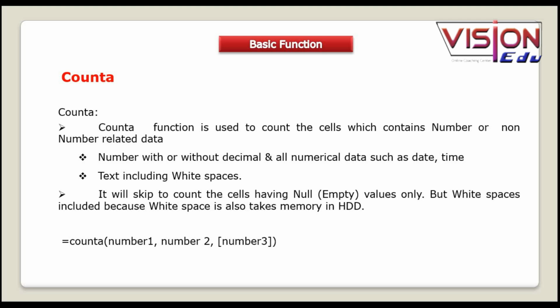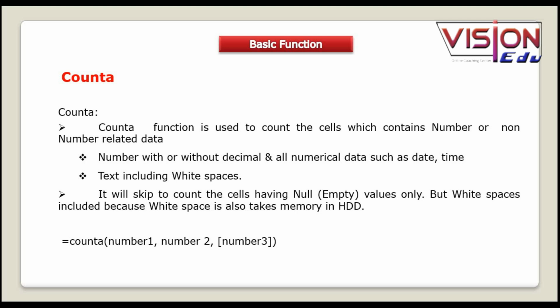It skips cells having null or empty values. You just have to remember, white space is not null, right? The white spaces are included because white space also takes some memory on the hard disk. If you give a space, some memory is allocated to store the empty space, so that is not null.